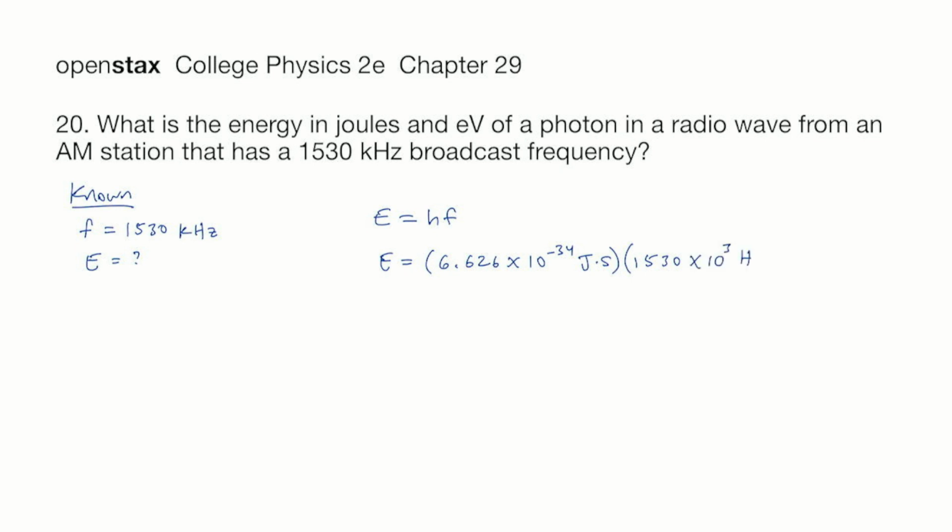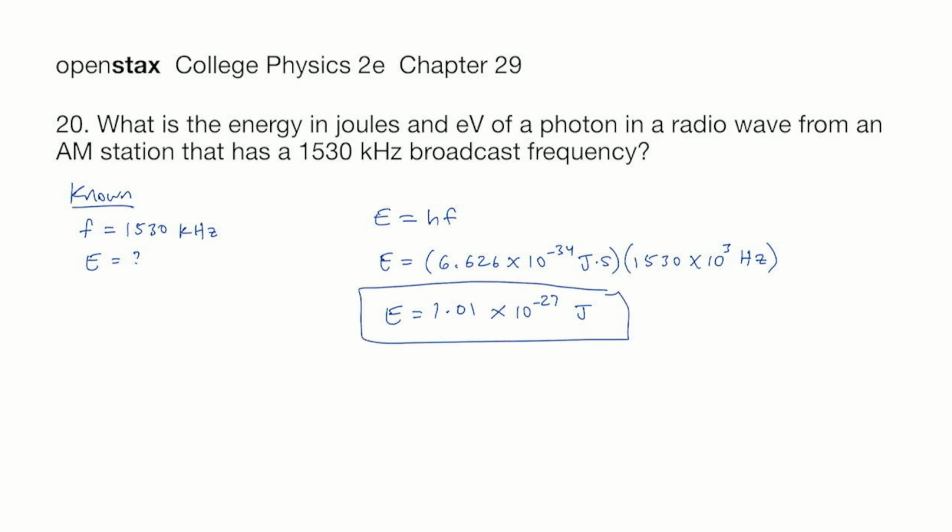Now we have hertz, and hertz times seconds will cancel because hertz is 1 over seconds. So we find the energy is 1.01 times 10 to the minus 27 joules.